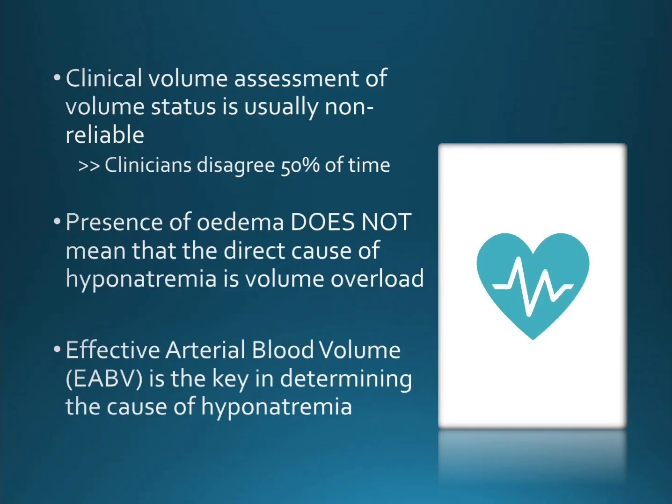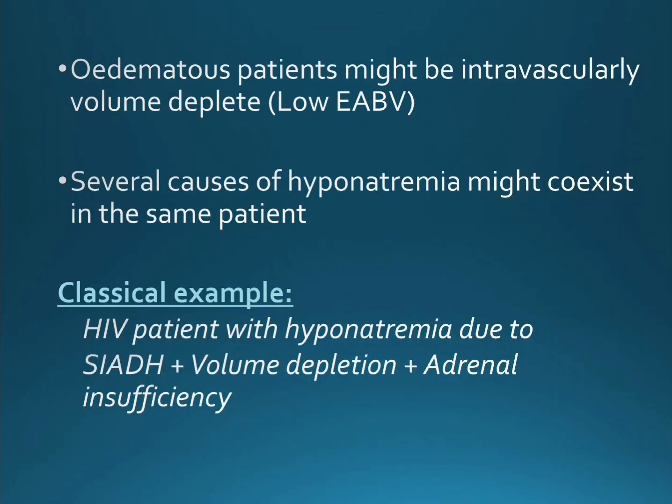Why is it important? Because you could find an edematous patient with volume overload. However, they might have low effective arterial blood volume. Common examples of that are heart failure patients, liver cirrhosis, and nephrotic syndrome.